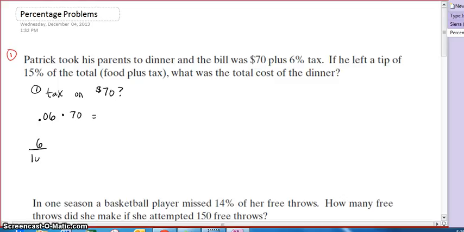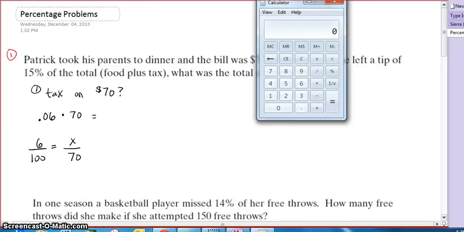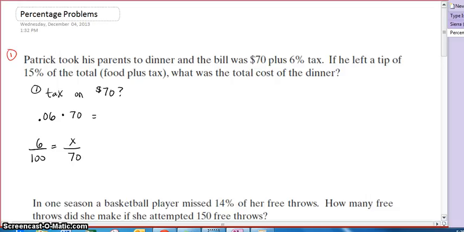Or you can make a proportion. 70 is my total, so I'm trying to figure out how much is 6%. So now I'm going to pull up my calculator, and I know that 0.06 multiplied by 70 is $4.20.